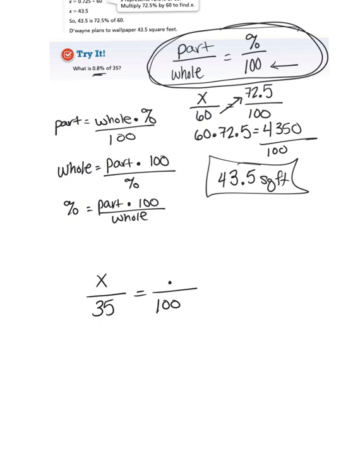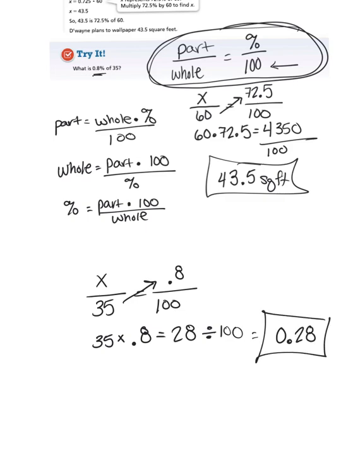Well, I know my percent is 0.8. So again, I'm going to cross multiply 35 times 0.8 equals 28. Then I have to divide that by 100. So my answer is going to be 0.28.